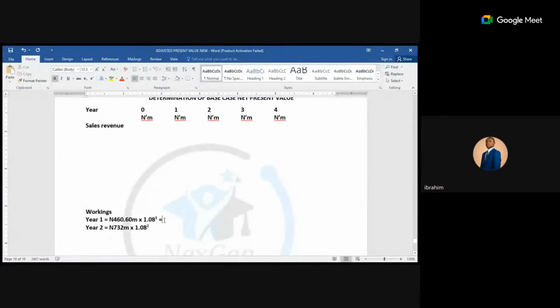So you can do the others, right? So you inflate it by 1.08 raised to the power of the number of years.